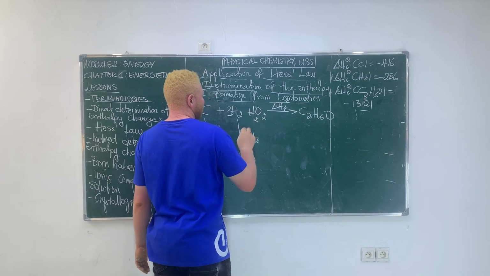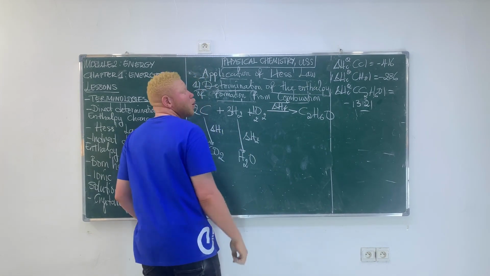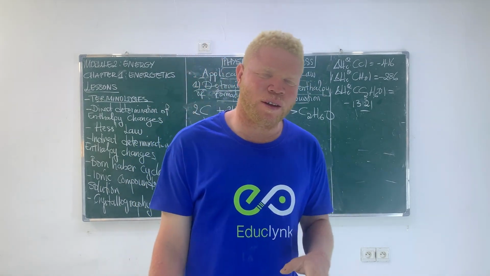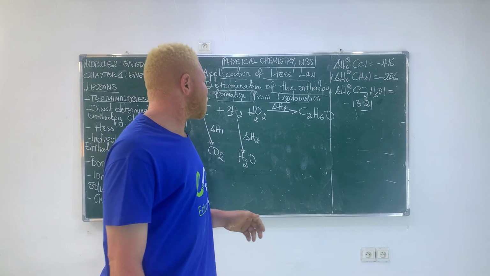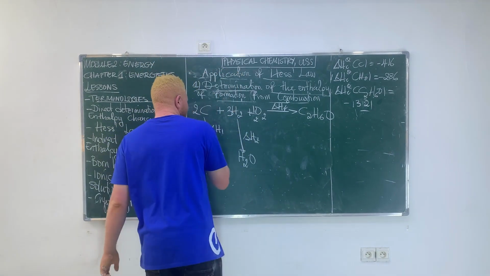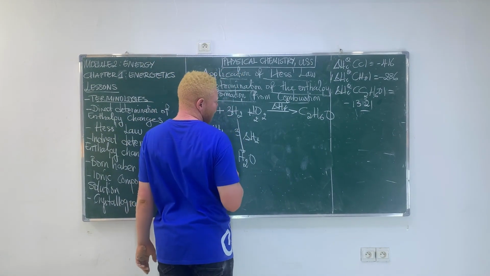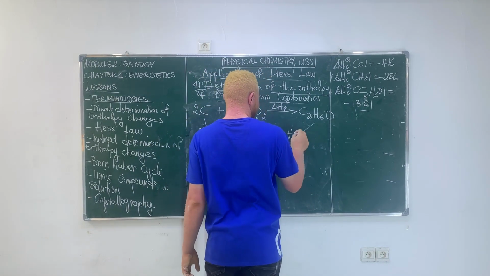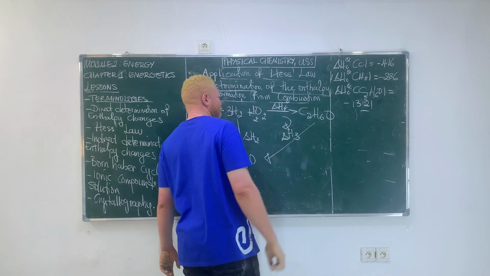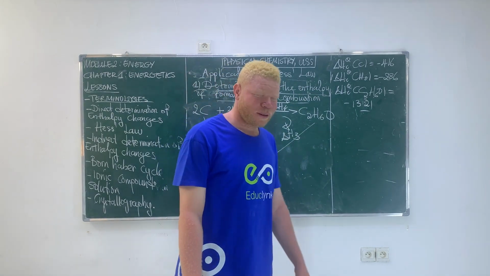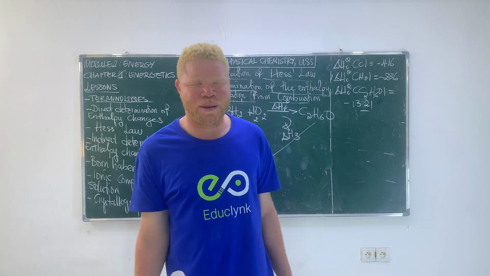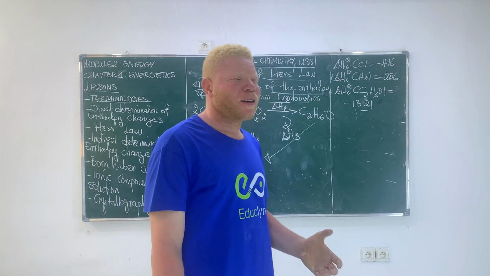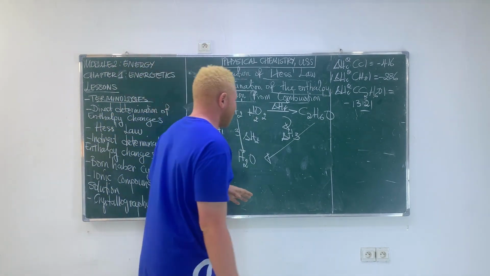Now, oxygen. I multiply the enthalpy changes by the stoichiometric coefficients. So here is 2, here is 3, and now there is 3. Once more, I apply physics. Today we are doing Kirchhoff's law, current electricity, but here we're not interested in the current electricity.